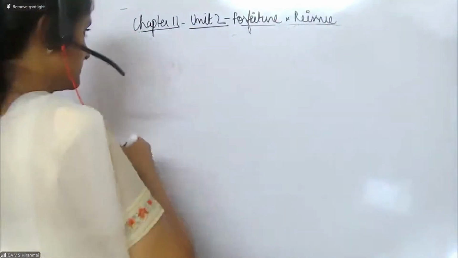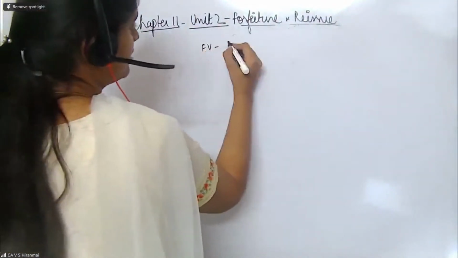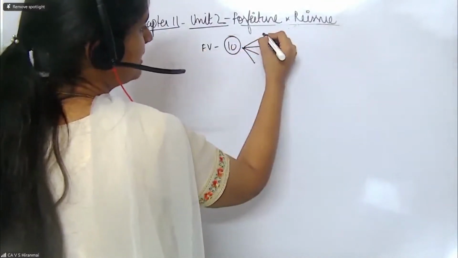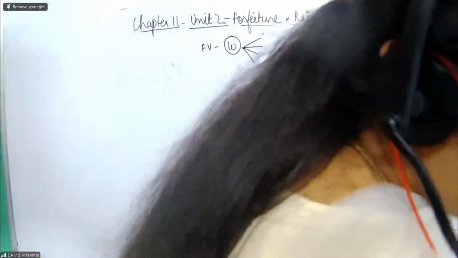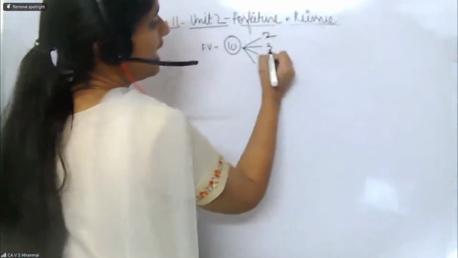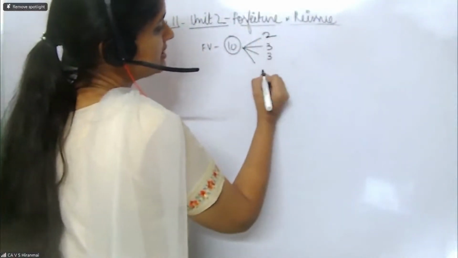Okay. So the face value comes to 10. In that, first thing is application money of how much. Okay. Application money 2, allotment 3, and first call 3.